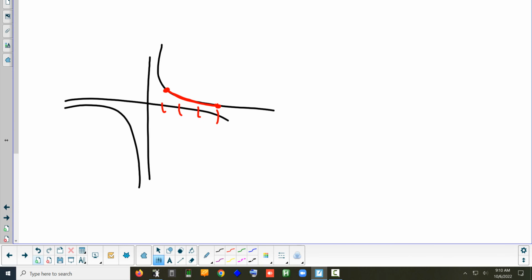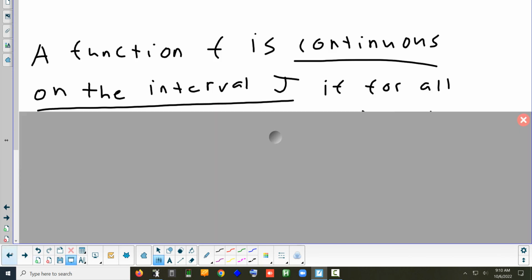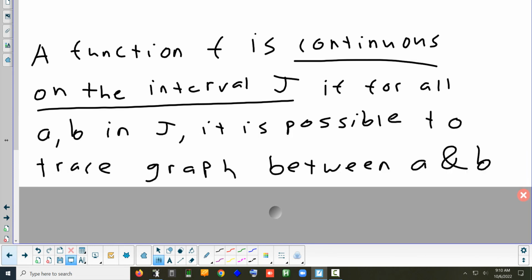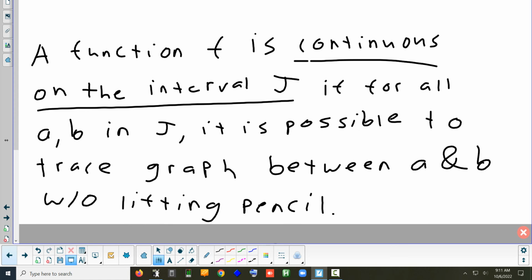If you can find a section that you can start at and stop at, and trace between the starting point and the stopping point without ever lifting your pencil, then what you just found is called a continuous interval. You started somewhere, you stopped somewhere, and you never had to lift your pencil to trace. That's called a continuous interval.